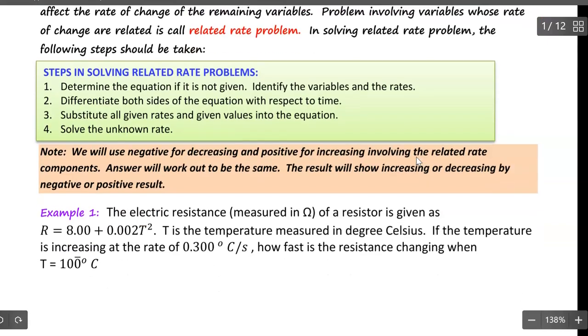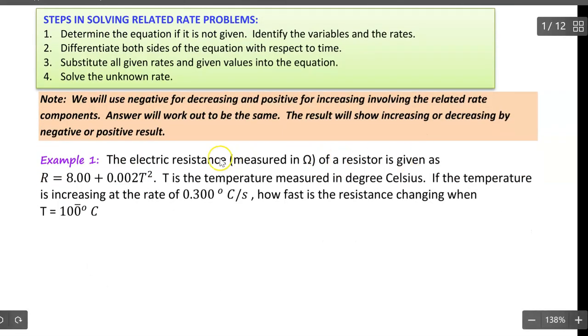Before we get started, I would like to remind everyone that we are going to use negative for decreasing and positive for increasing involving the related rate components. The answer will work out to be the same. The result will show increasing or decreasing by a negative or positive result. So keep this in mind.